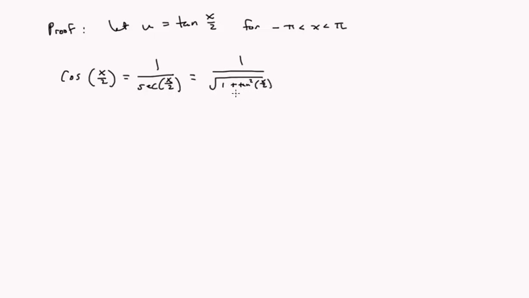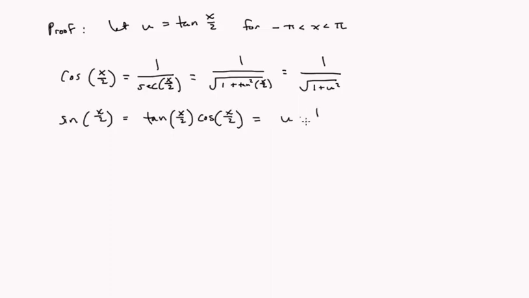That's just an identity for secant squared, which then equals 1 over the square root of 1 plus u squared. To the next line, the sine of x over 2 is equal to tangent times cosine, so tangent of x over 2 times the cosine of x over 2, which would be u times 1 over, we already established what the cosine was above, the square root of 1 plus u squared.